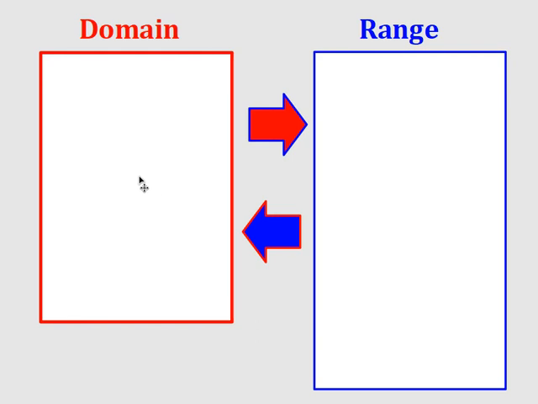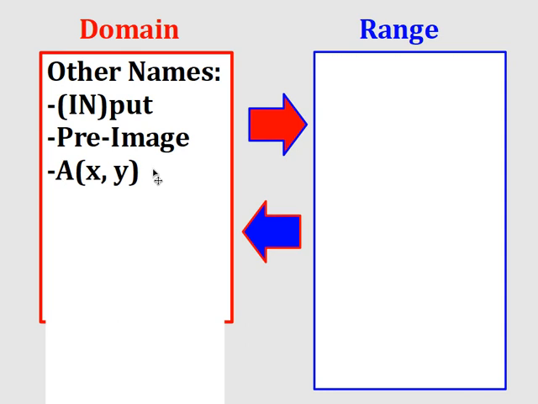The first thing we need to talk about for domain is what it might look like. It might look like a couple of different things, and it can ask you in any form. Given the input, given the pre-image, given a list of points, A (2, 4), B (5, 6), whatever it is, your domain will look like all of these things.